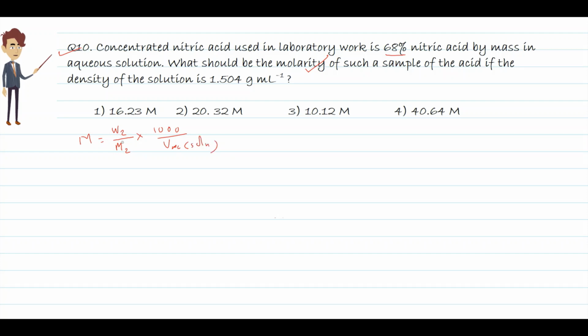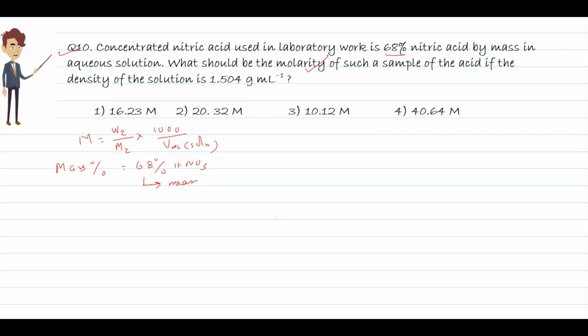Mass of solute W2 and volume of solution, they are not given directly in the question. Instead, they have given mass percentage. It is given as 68% nitric acid HNO3. What is meant by 68% nitric acid?